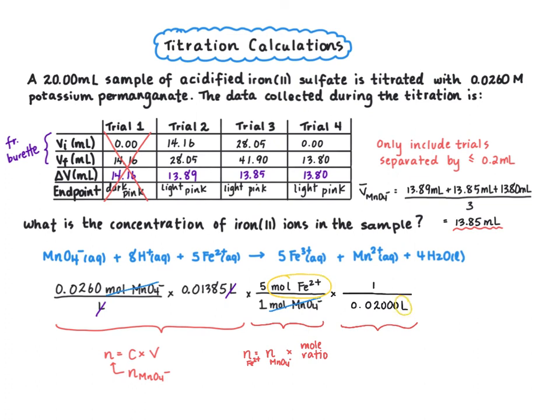In terms of math here, concentration equals chemical amount divided by volume. And so all we found here is the concentration of iron 2 plus. And that gives us 0.0900 moles per liter.